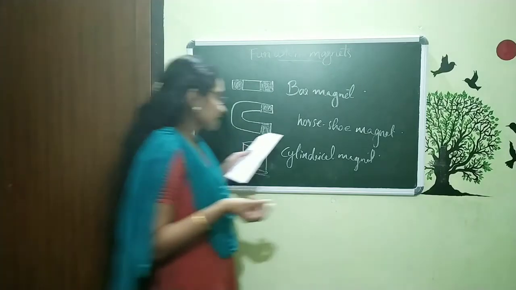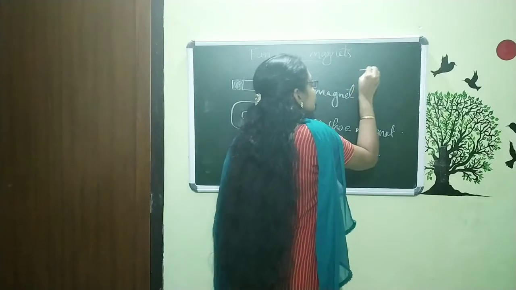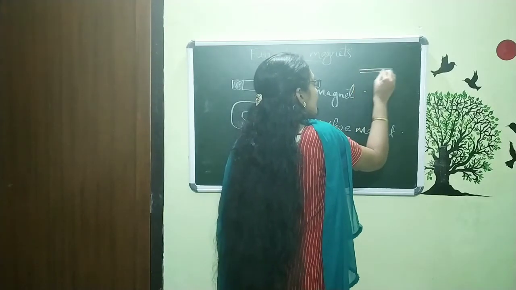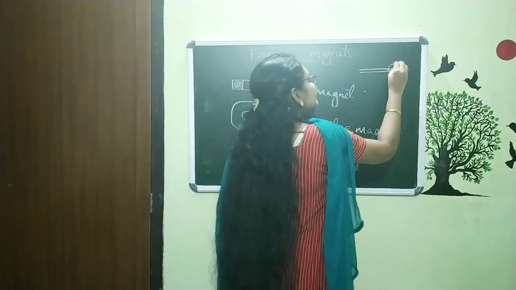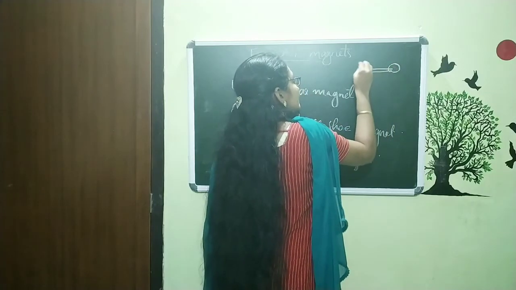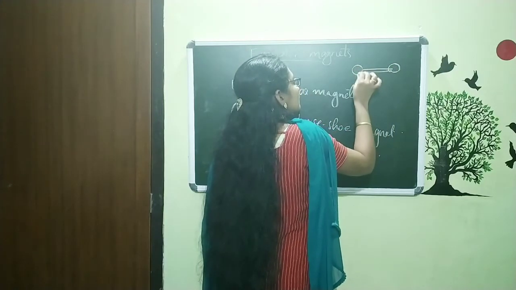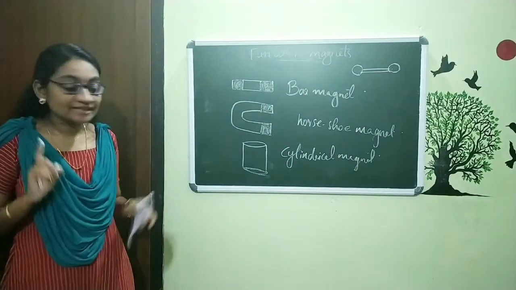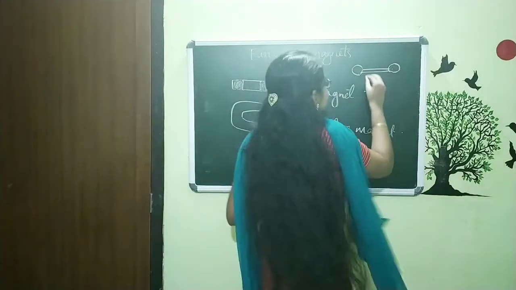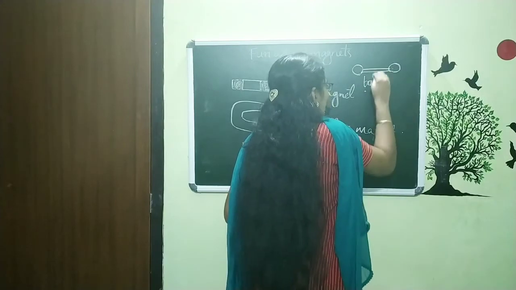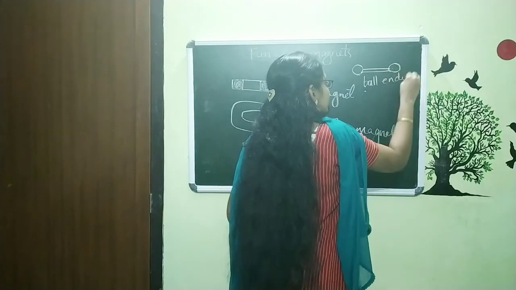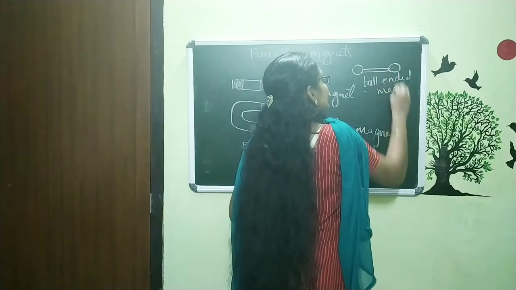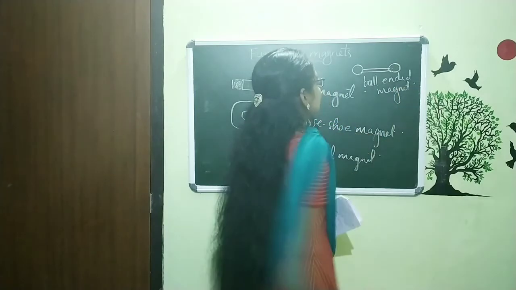The other magnet is one rod with two balls present at the two ends. So the name of this magnet is ball-ended magnet.